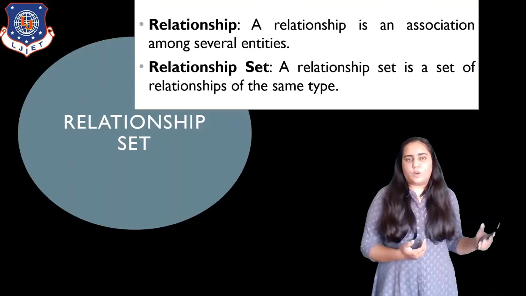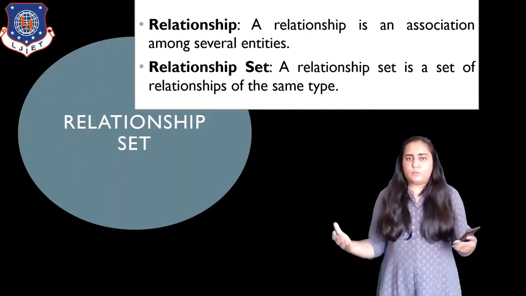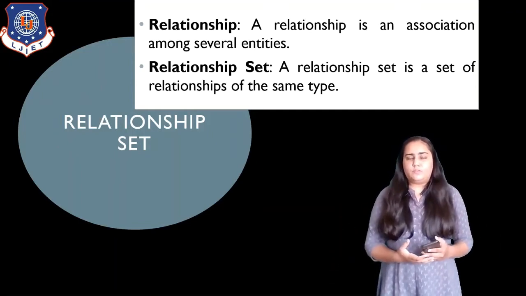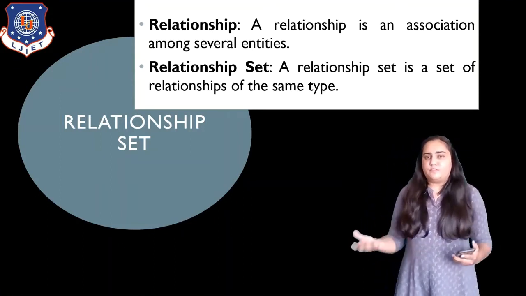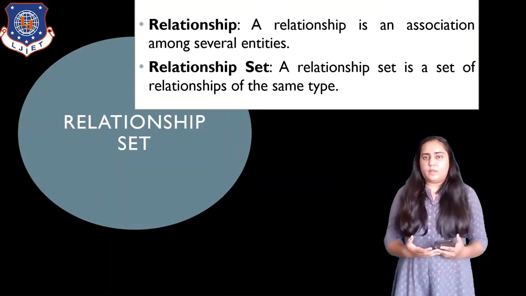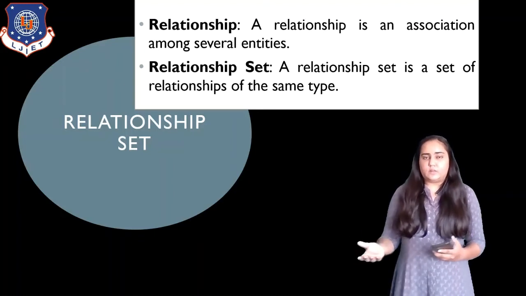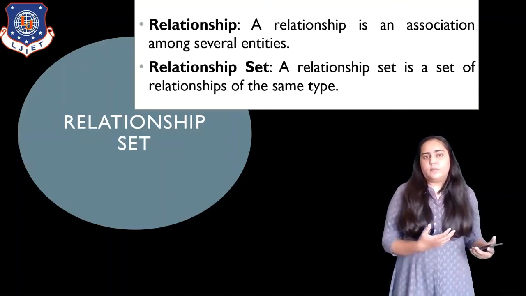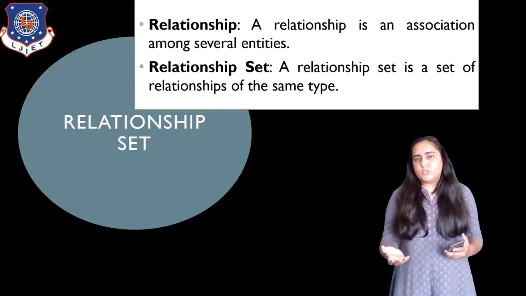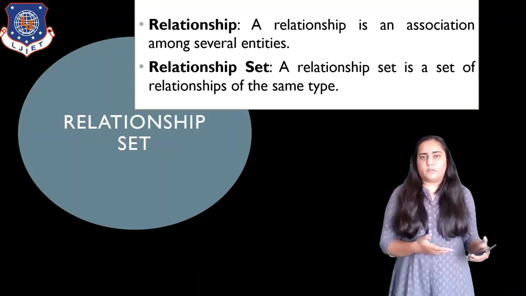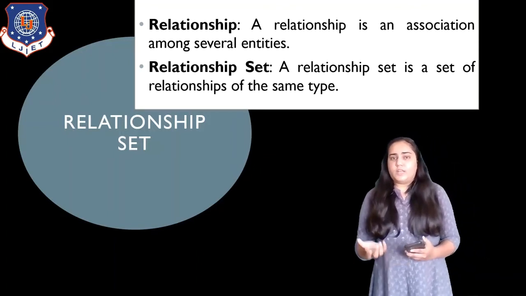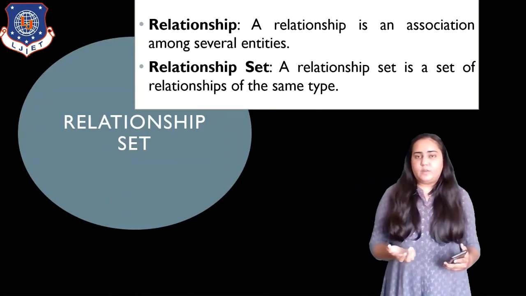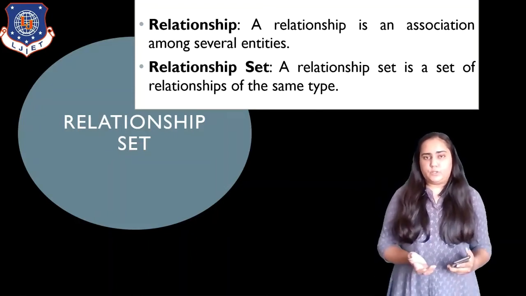So if you have one entity and another entity, and you might want to relate them, for example, there's a student and there's a professor, and you want to relate them by saying that this professor teaches this student, then you would say that that's a relationship between the professor and the student. So it's an association among those two. And a relationship set is nothing but a set of such relationships.